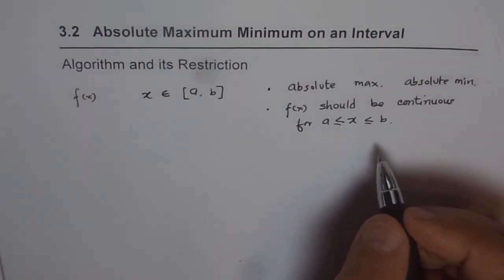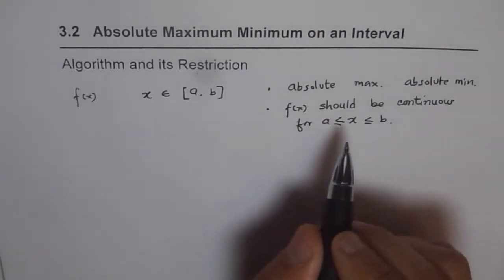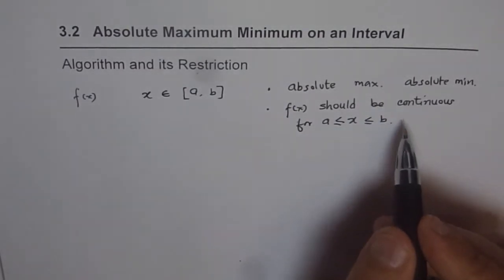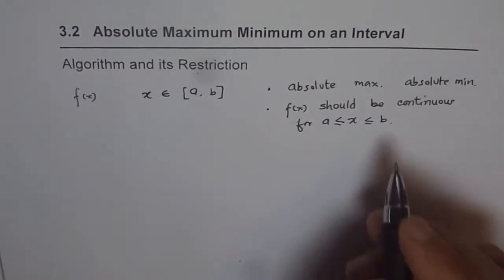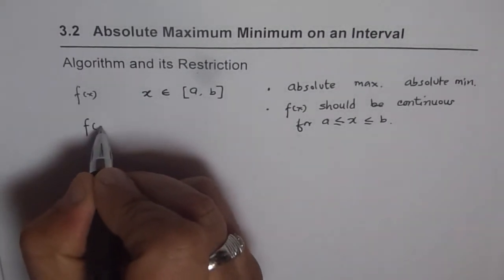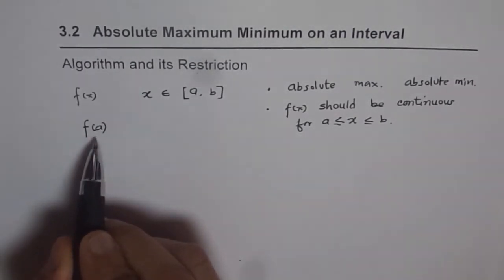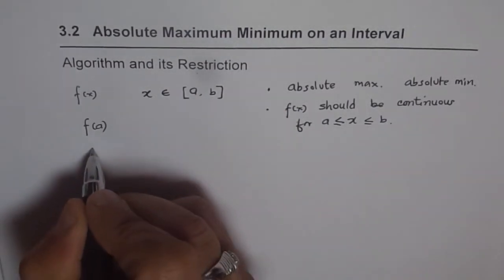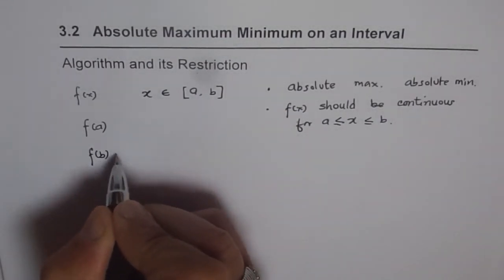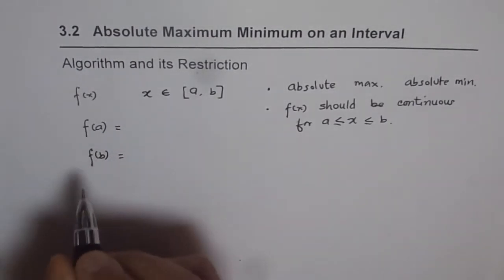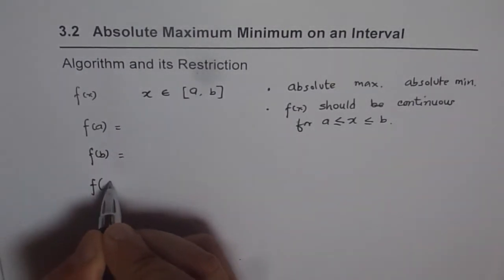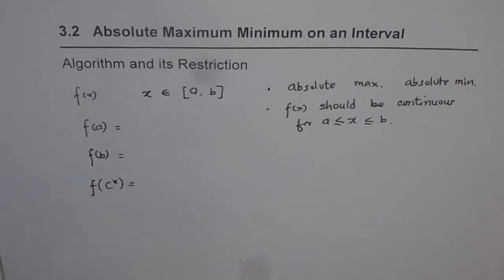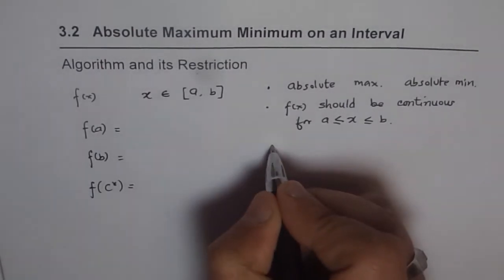Now the points which we need to check for the function to have maximum or minimum value are just 3 points. So one is f of a. So it could have absolute maximum or minimum at a itself, one of the boundary conditions, or at f of b, or at f of, let me say, c star. Now what is c star for me?